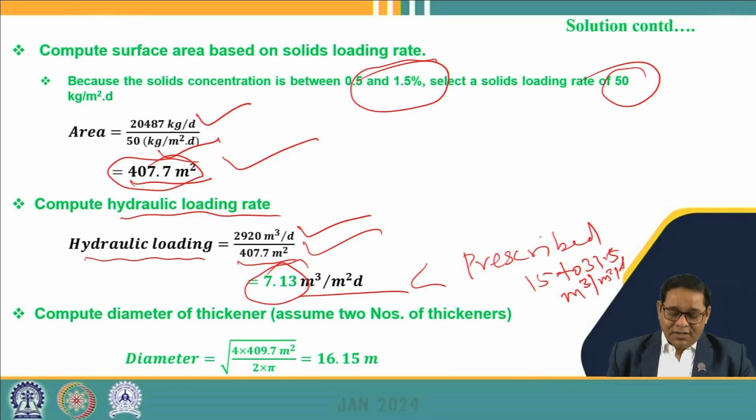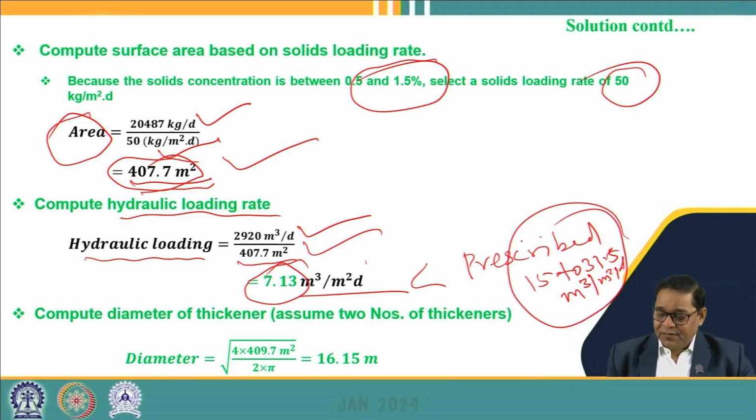For area reduction, we have to again think of the solid loading rate. We have assumed 50. If we further change the value, the surface area will change, and then it can come into the prescribed range of 15 to 31.5. So this revision exercise has to be checked and repeated till both the design criteria are fulfilled.